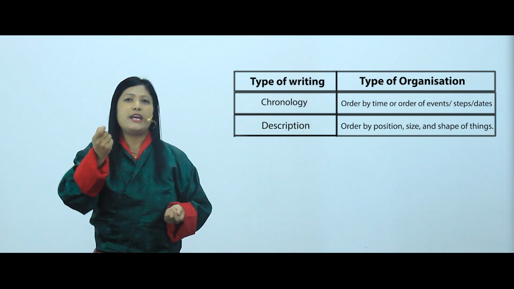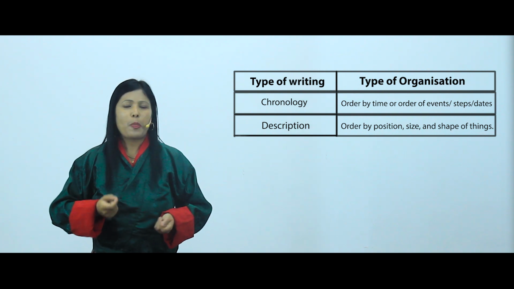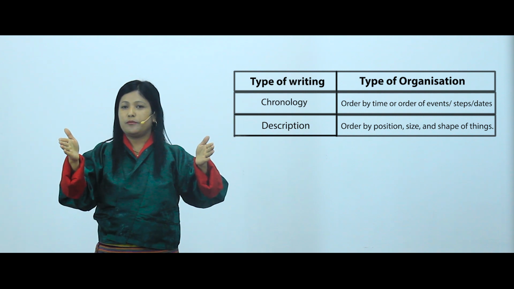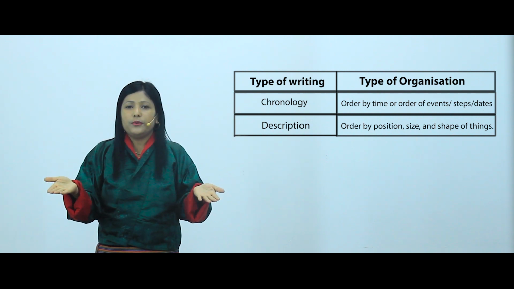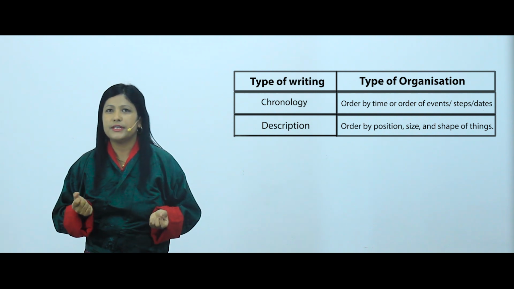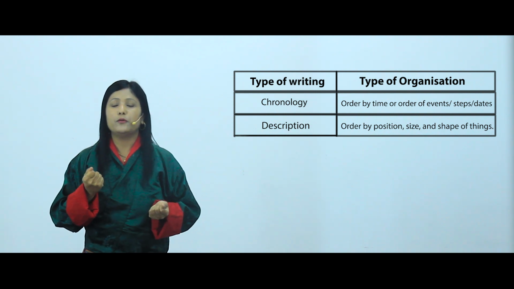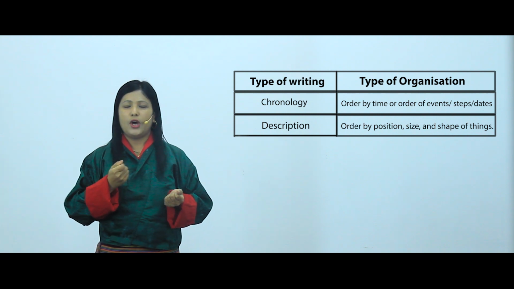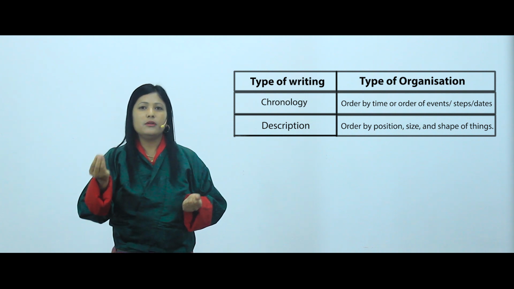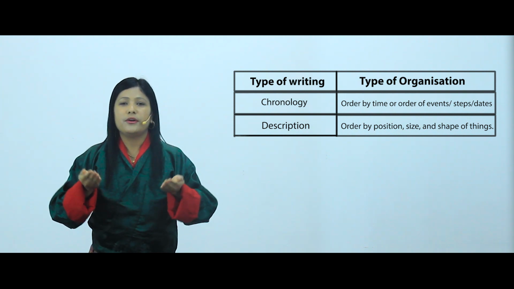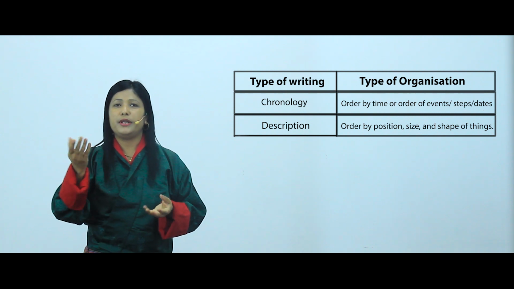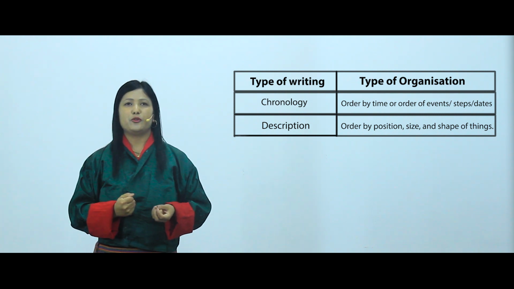You also have to arrange by size, maybe the bigger ones first, then you go to the smaller ones later, or you want to have the smaller first, vice versa. Then you also have the shape of the things. So how do you want to arrange the shapes? It all will make your paragraph very promising if you are able to adapt all this.